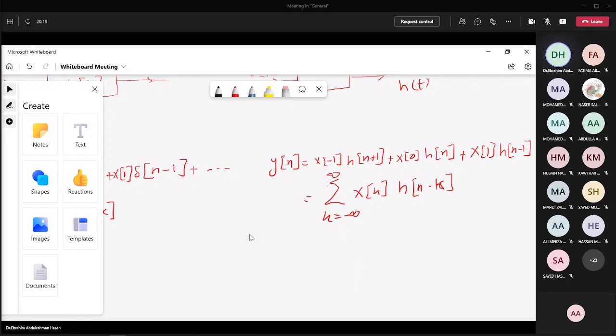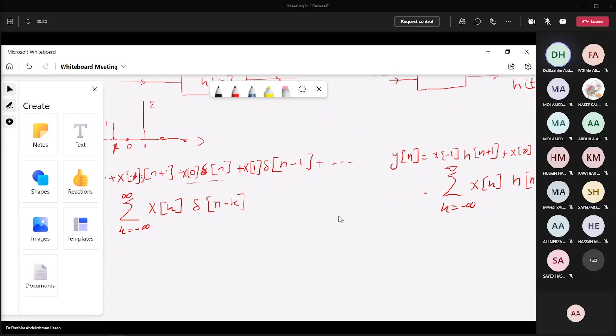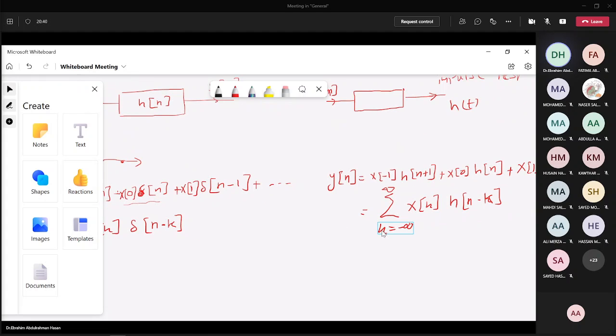So it means the output is not the multiplication of these two. Okay, let me see how we can remember this one. If the input equals x of n, then the output will be the process of the input. And this process is equal to the summation of x of k, h of n minus k.